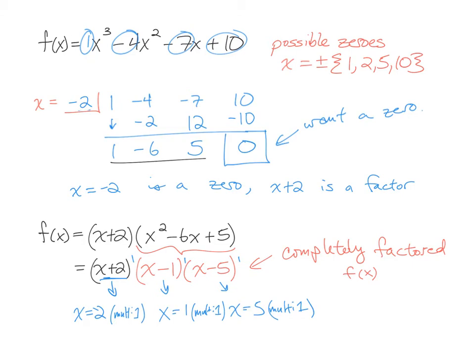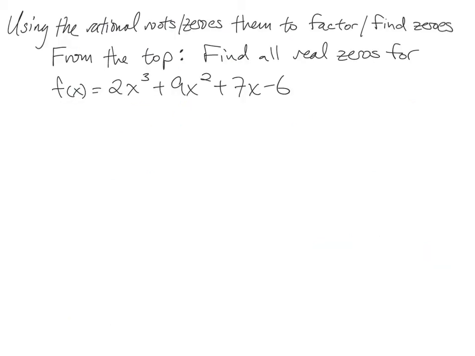Now, why would we be interested in the multiplicities of these zeros? Let's go through a couple more examples, and I'm sure it'll be clear by the end of the video. So here we are. We're going to put it all together from the top.